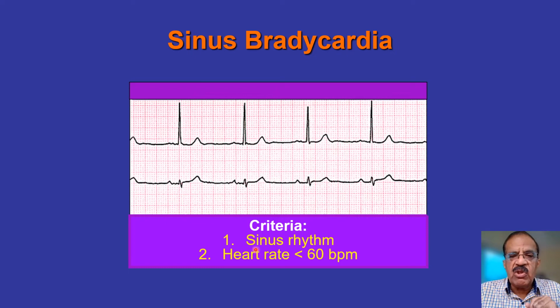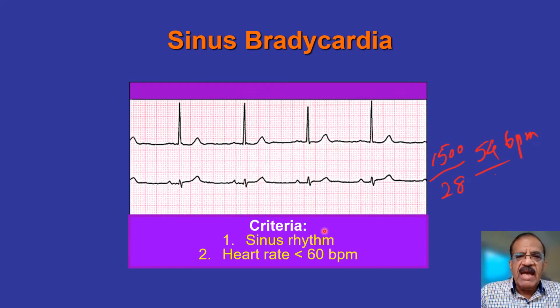So this is sinus rhythm, but heart rate is less than 60 beats per minute. Remember, this 60 is purely arbitrary. A person with a heart rate of 58 may be absolutely super healthy and somebody with a heart rate of 65 may be sick. So this is purely arbitrary.